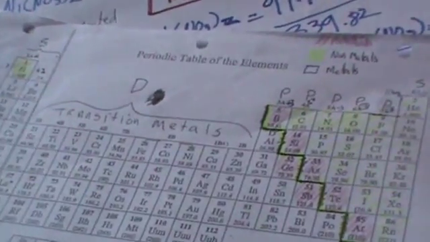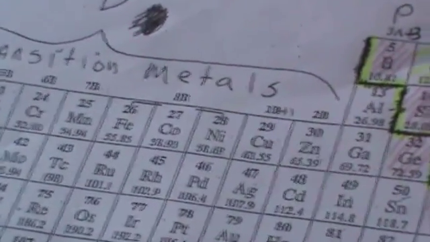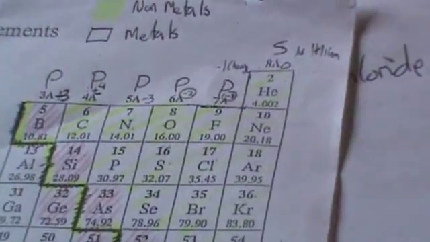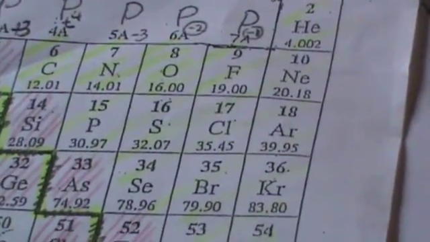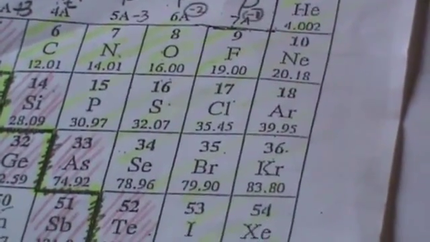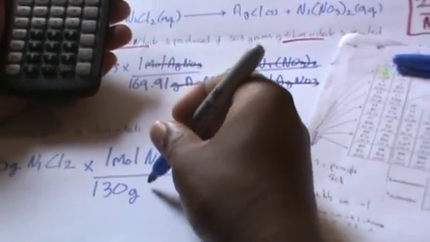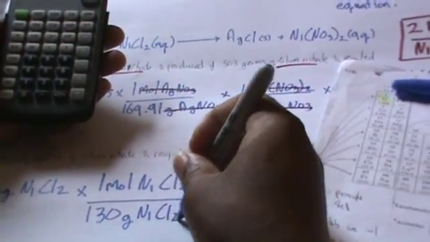Nickel is 58.69 plus 2 chlorides. Chlorine is 35.45, so 35.45 plus 35.45 equals 129.59, but we could round that up to 130 grams. So 130 grams of NiCl2.